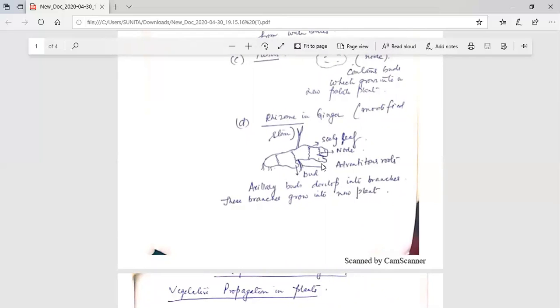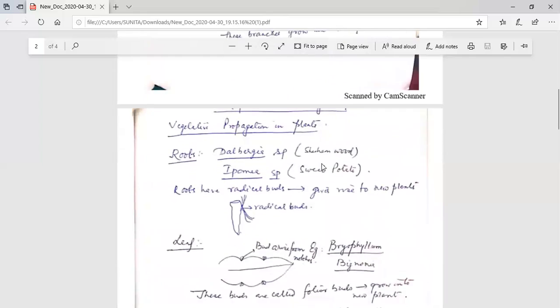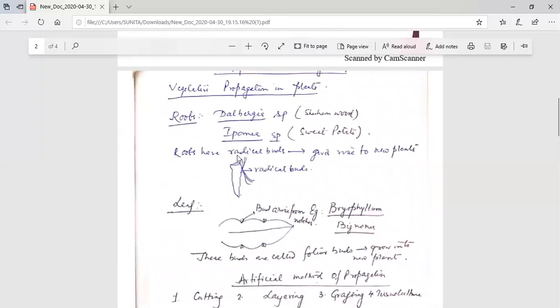Next, vegetative reproduction occurs with the help of root. Roots have radical buds, like sweet potato. Then there is sesame, where we have seen that radical buds grow on the main root, and this again grows into a new plant. So this is a modification of root which helps in propagation.